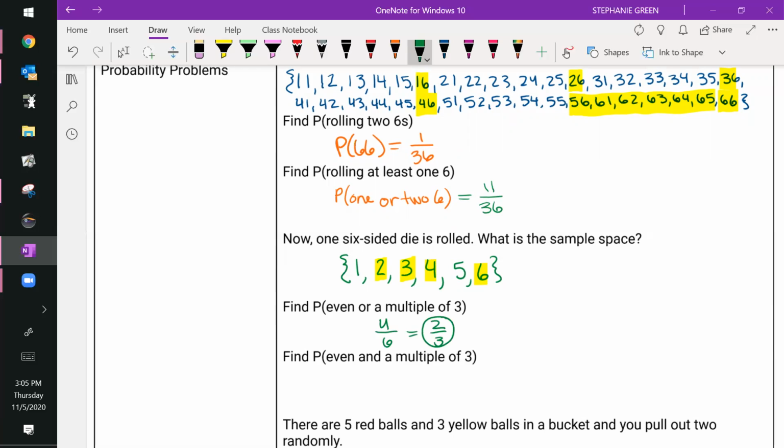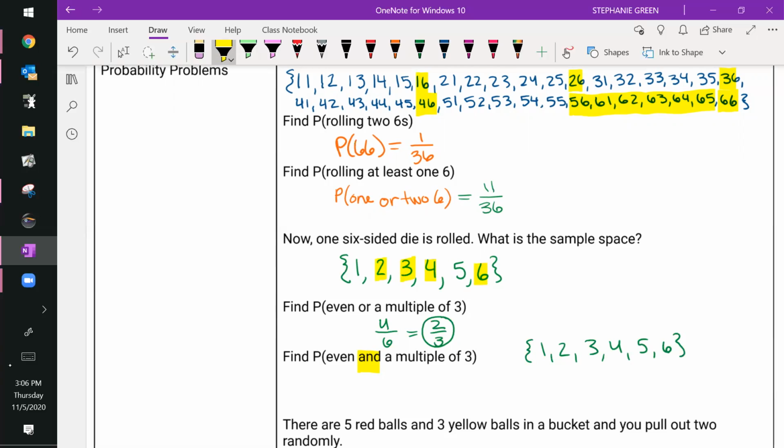Next one, what's the probability of getting an even number and a multiple of 3? I'm going to rewrite my sample space here. It's not very long, so it's not hard to do. When I see the word and, that means I'm looking for single outcomes that satisfy both of these conditions. For instance, number 2 is even, but it's not a multiple of 3, so I'm not going to include that.